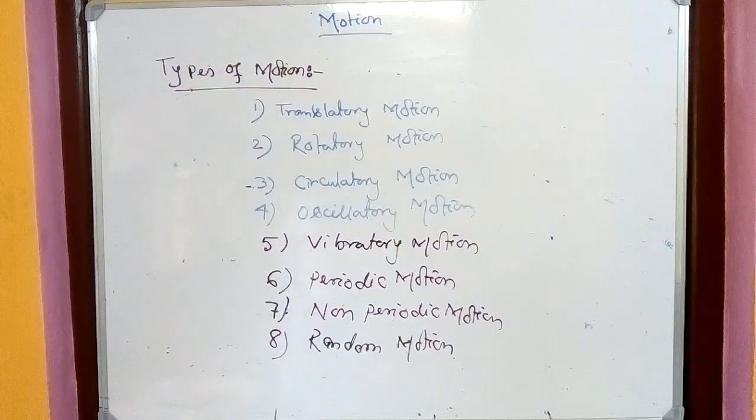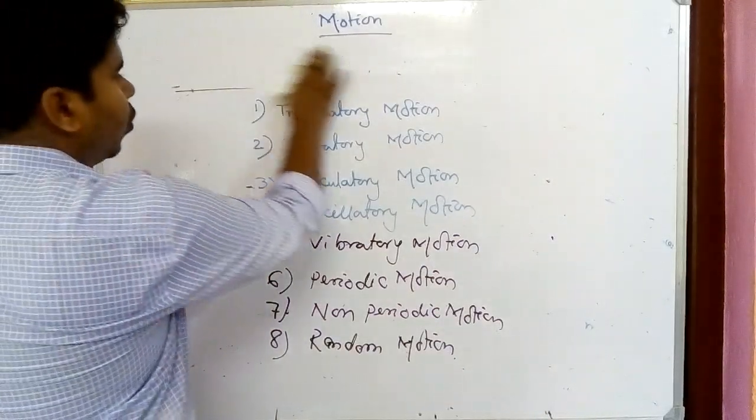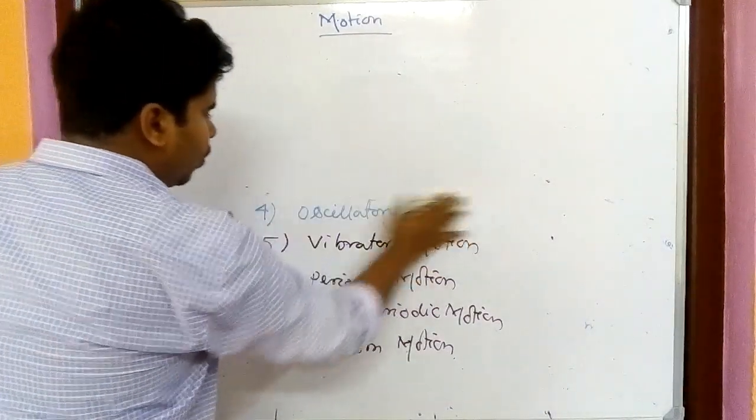So the 8 types are translatory, rotatory, circulatory, oscillatory, vibratory, periodic, non-periodic, and random motion. If you have not copied, pause the video here, copy it, and we'll go for translatory motion.